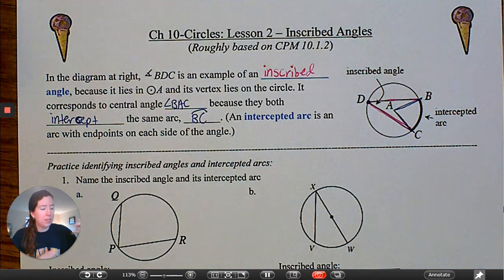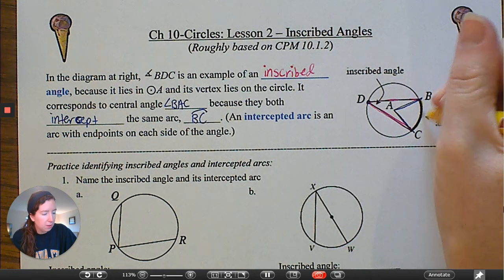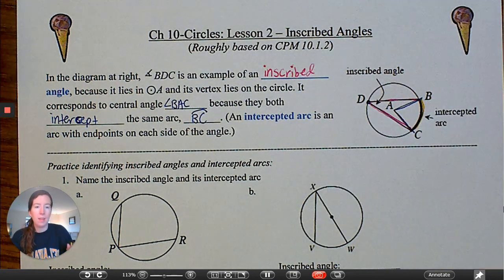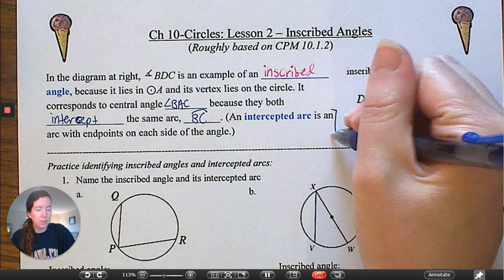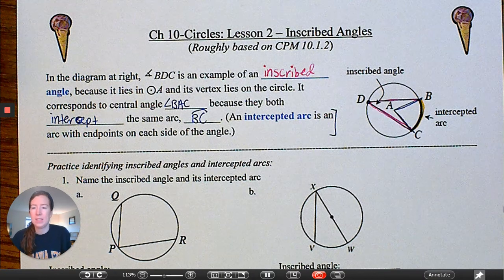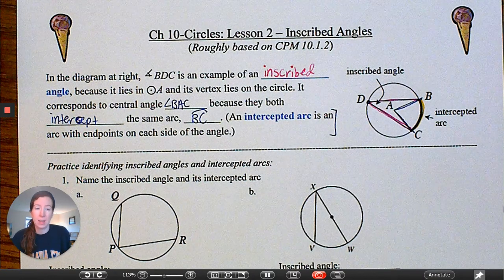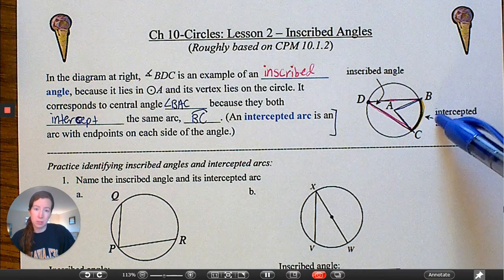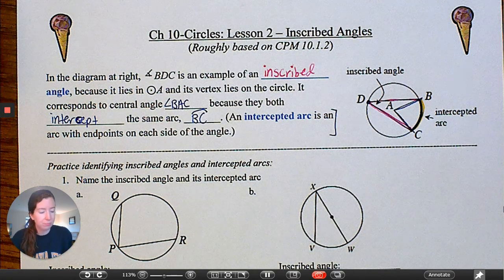Okay, so that's called an intercepted arc. That arc right there. You're going to want to add that definition right here to your toolkit. What is an intercepted arc? It's an arc with endpoints on each side of the angle. And I would probably use this picture as your example to add that to your toolkit.